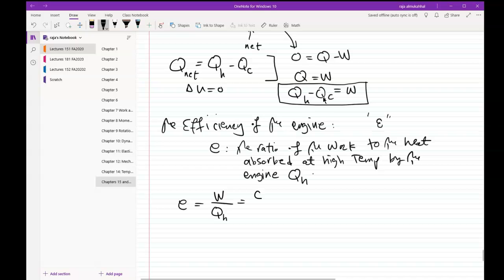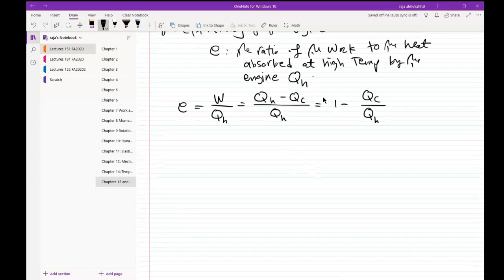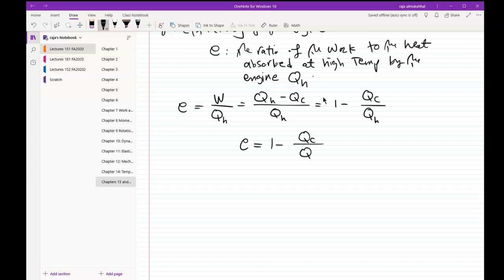That's going to be heat absorbed minus heat expelled divided by heat absorbed. And if I just do the algebra, I'll end up with 1 minus Q sub C over Q sub H. That is the efficiency of an engine.